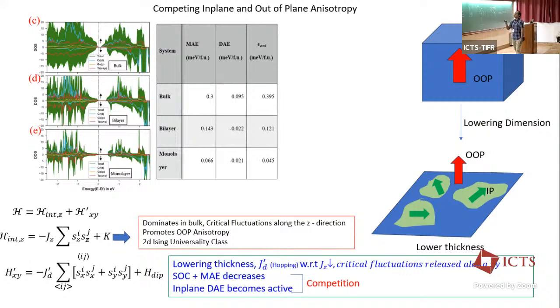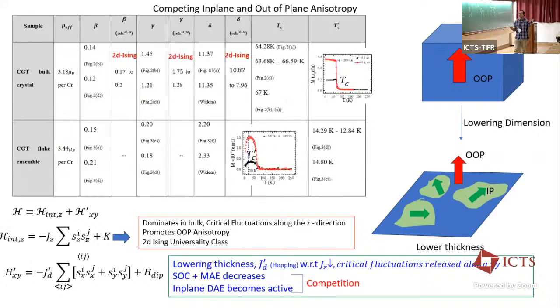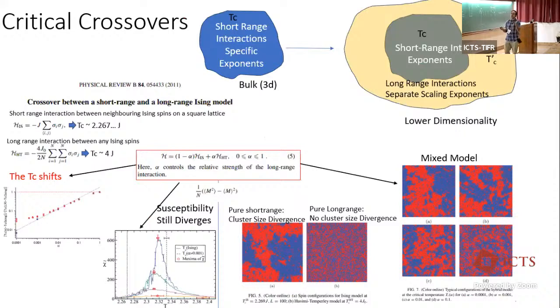So as you change the dimensionality of the system, we also believe, apart from the changes in anisotropy, that the domain structure of the system is going to change at lower dimensions. People have looked at competition between short range and long range interactions. They have modeled these systems with short range and long range interactions, nearest neighbor and interactions across the lattice.